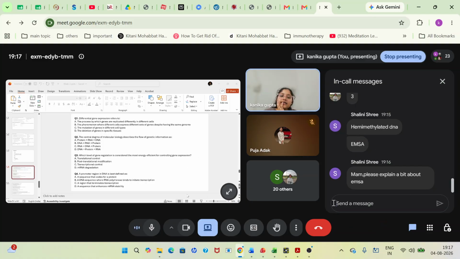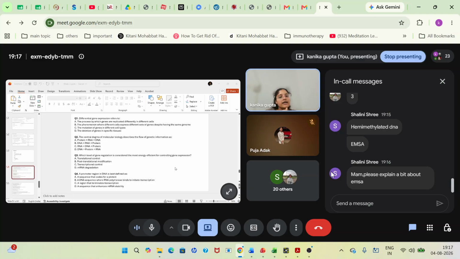So Shalini, electromobility shift assay is basically whenever a protein interacts with the DNA, you will see a shift in the size of that particular DNA on the gel. Whenever you run a gel, and if the protein is interacting with your DNA, after interaction the size will increase, it will form a complex, so it won't pass through the pores of the gel as easily as other strands.